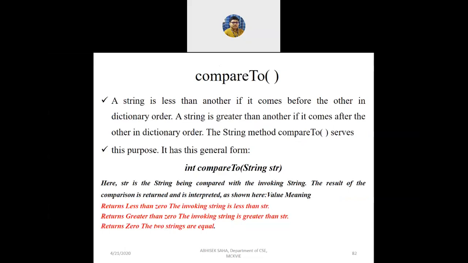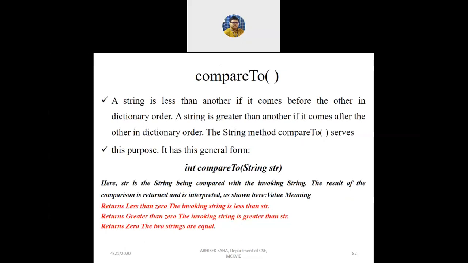A string is less than another if it comes before the other in dictionary order. Try to understand. Capital A, small b, one string.